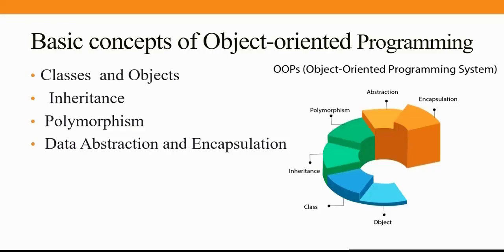In most object oriented languages, these are the four important things they should have, right? So now let us learn about classes and objects. Then I will show you how to create a class and how to create an object for that particular class. Are you excited? Let's get started with classes and objects.